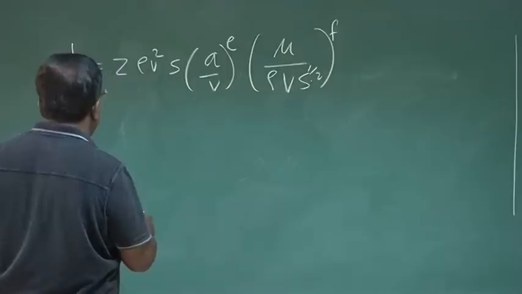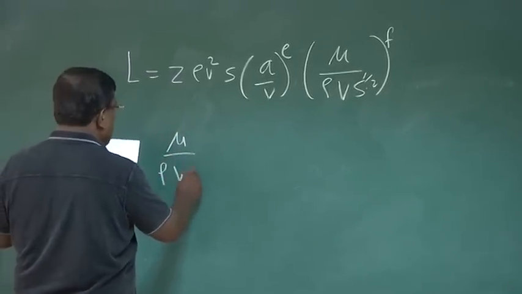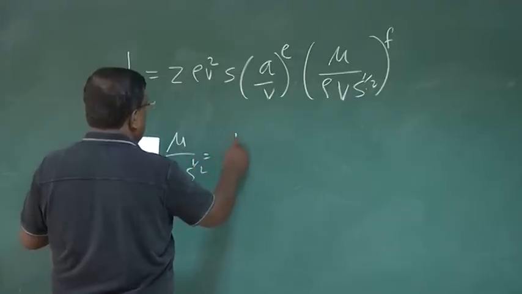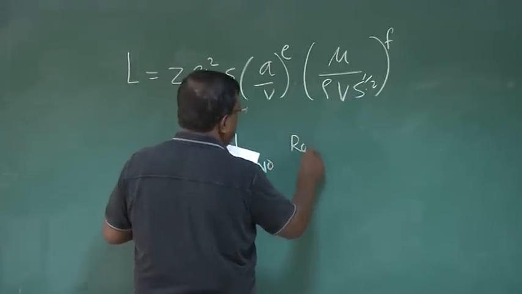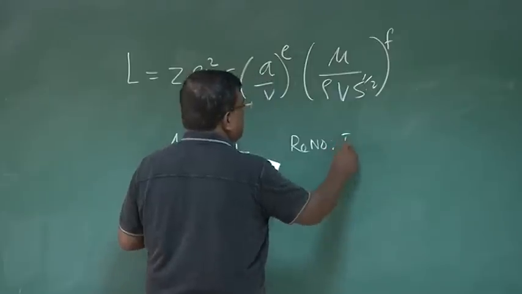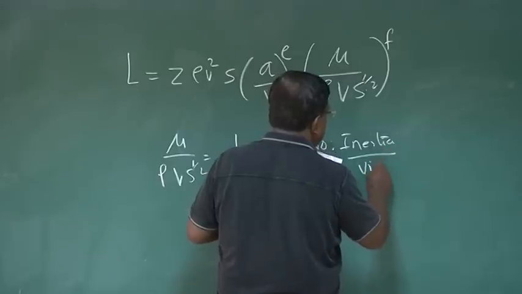And we identified that mu by rho V S to the power half is 1 by Reynolds number, and Reynolds number we know is the ratio of inertia to viscous force.